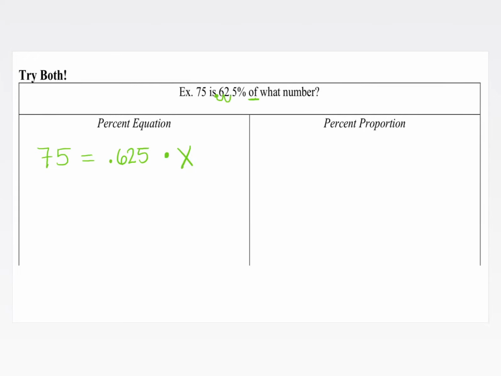Here, all we have is a one-step equation. So we're going to divide, using the inverse of multiplication, both sides by 0.625. On the right-hand side, we'll just be left with x. And on the left-hand side, we have 75 divided by 0.625, or 625 thousandths.